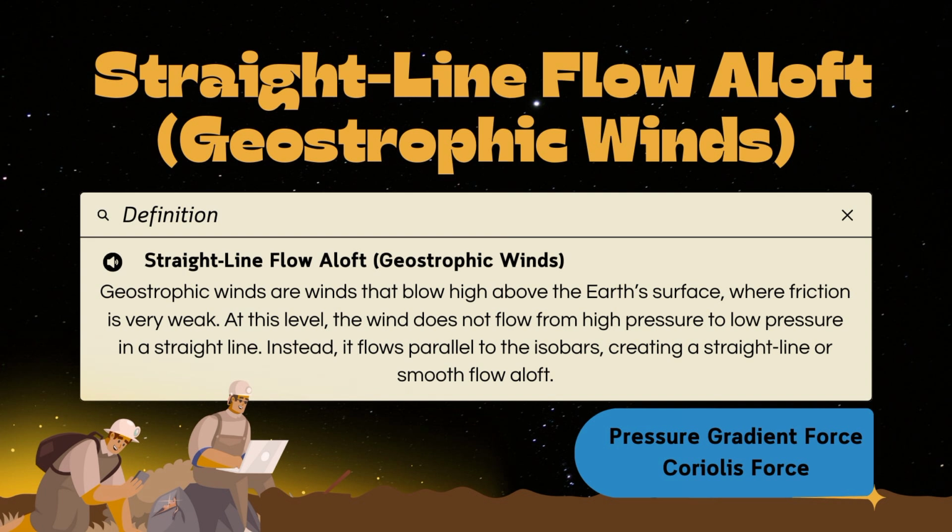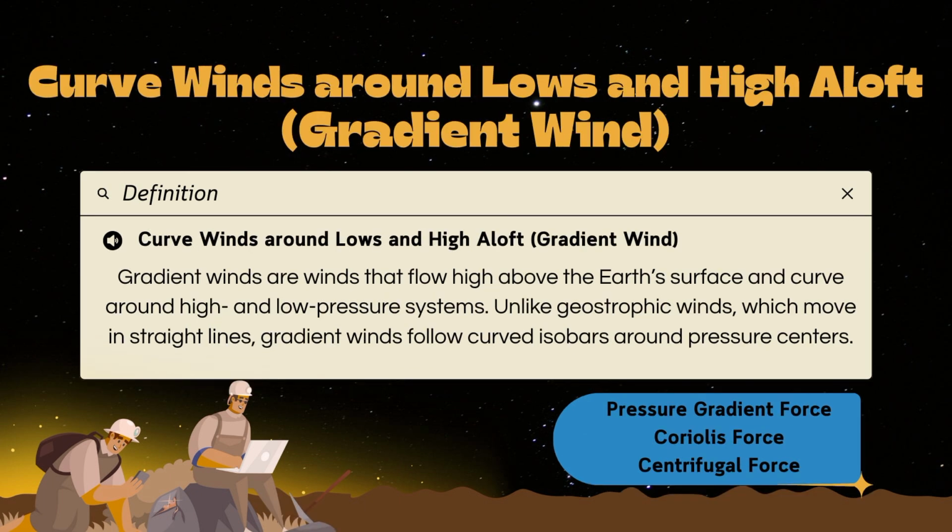It is not curved, because geostrophic winds just flow parallel and straight. They do not flow in a curved form. The forces present are a balance between the pressure gradient force and the Coriolis force.